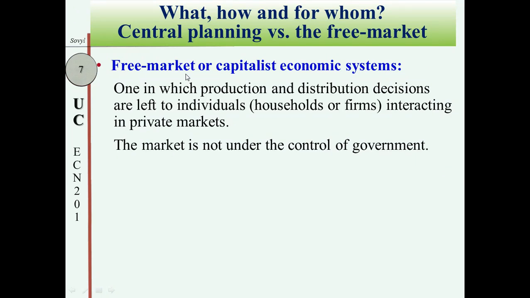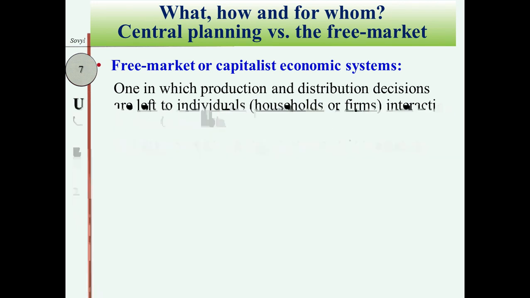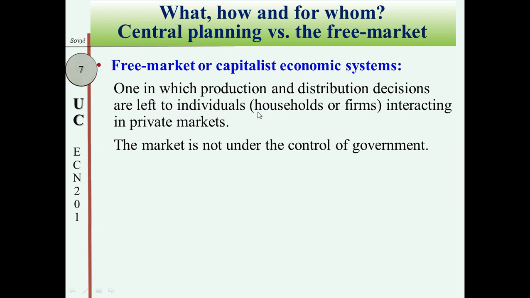The other one, free market or capitalist economic systems. One approach, or one system, in which production and distribution decisions are left to individuals. Individuals could be households or firms, interacting with each other in private markets.